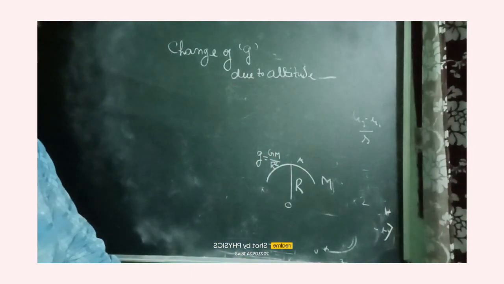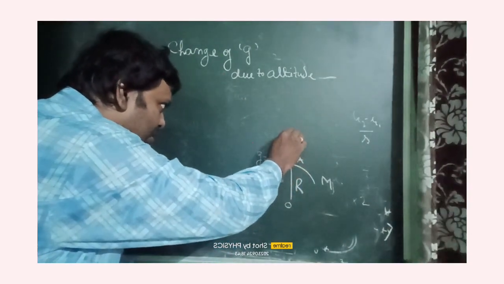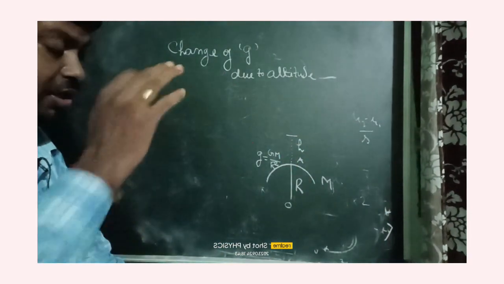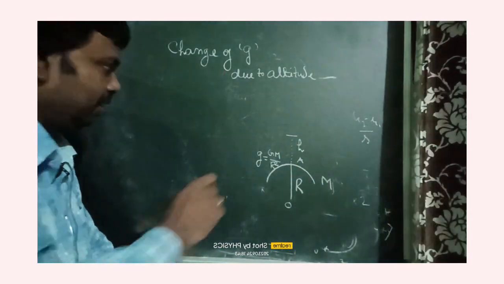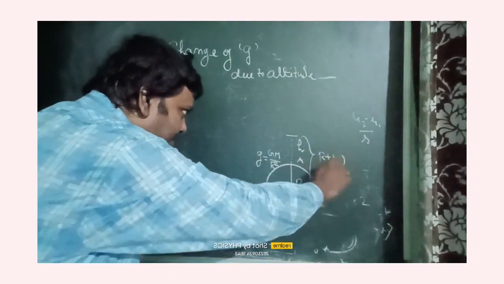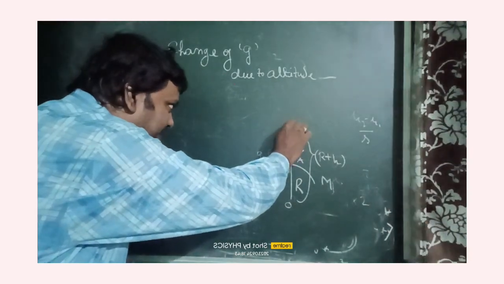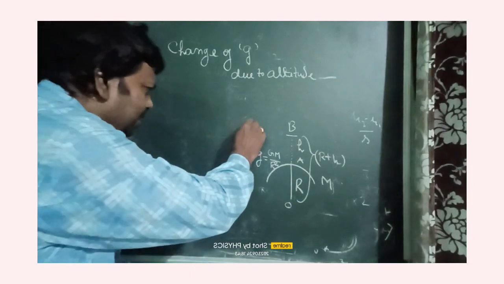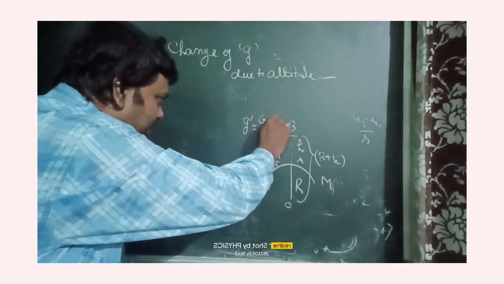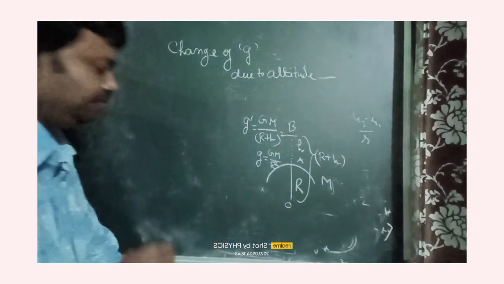We have calculated that. Now taking it away from the earth's surface to an altitude of h, what is the total distance from the center of the earth? That is r plus h. Now take the point B, and here the acceleration due to gravity g dash is equal to G M by r plus h whole square.